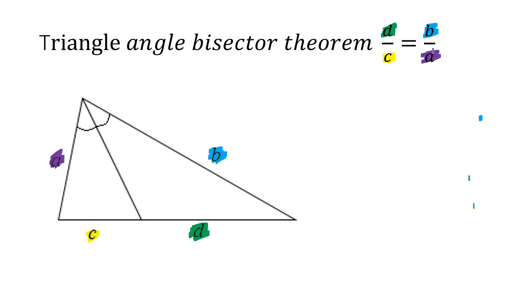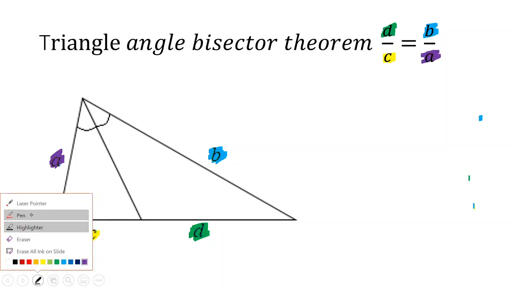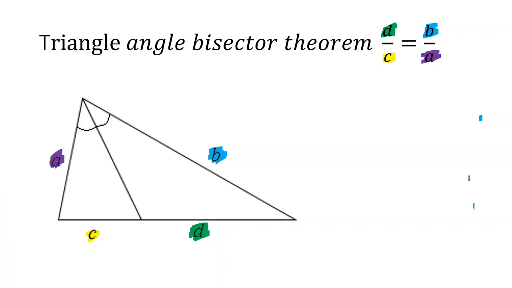One of the ways that you can visualize this is it's always proportional in this fashion: long to short and long to short, B to A and D to C.